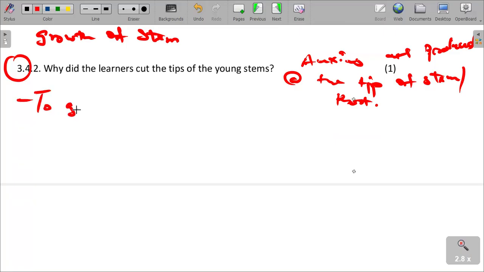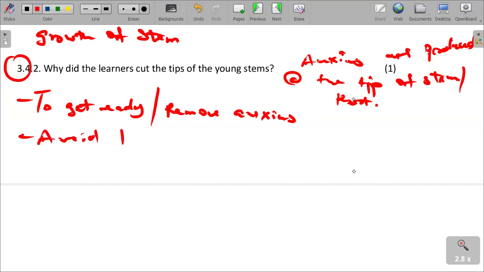to get rid of auxins, or avoid the production of auxins, or to remove auxins.